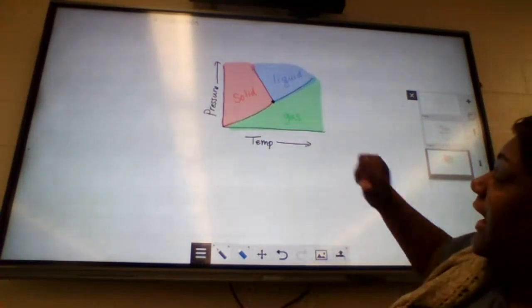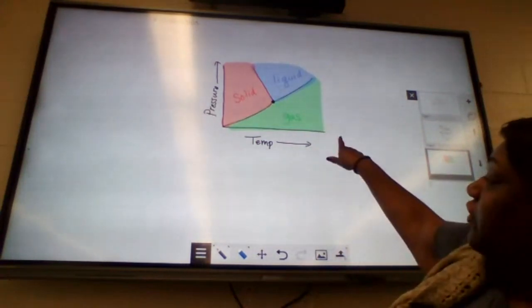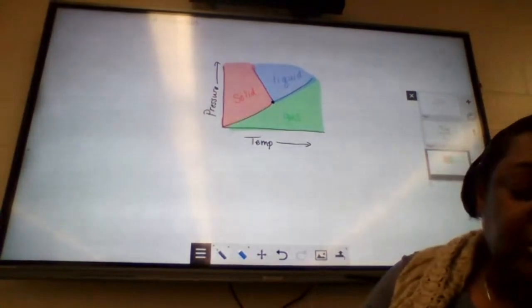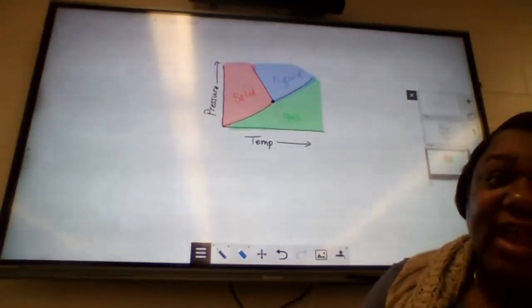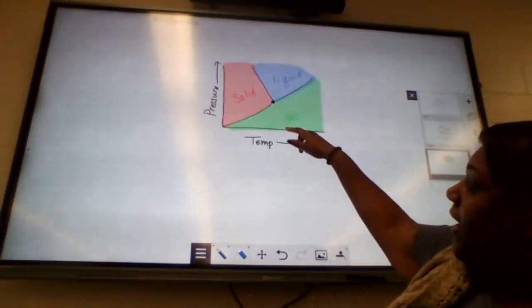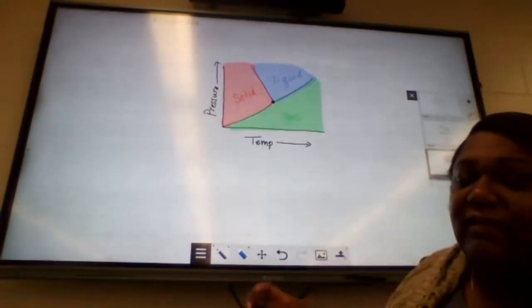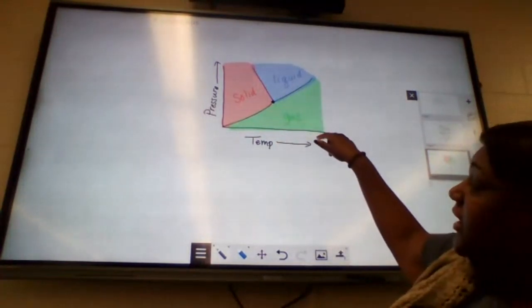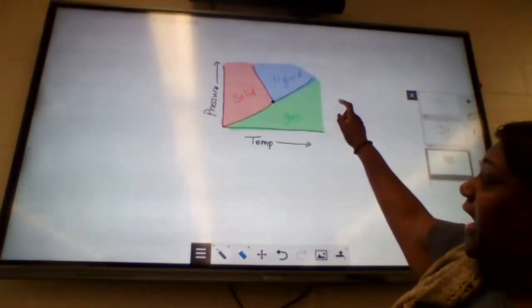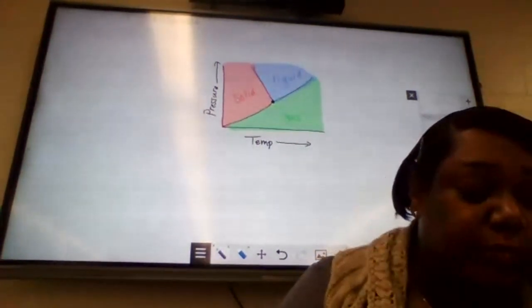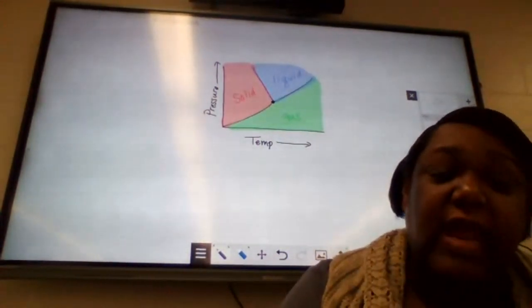You've got the liquids beside that in blue, and then you've got your gases underneath that. Now, what you need to understand is that at a phase change, and all of these black lines on the graph, not the actual graph itself, but all of these black lines between the solid phase and the liquid phase, the solid phase and the gas phase, the liquid phase and the gas phase, those actually represent your phase changes.